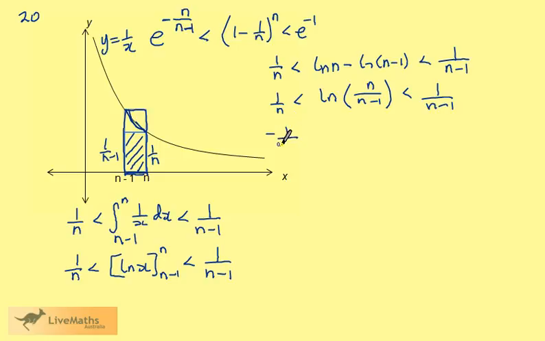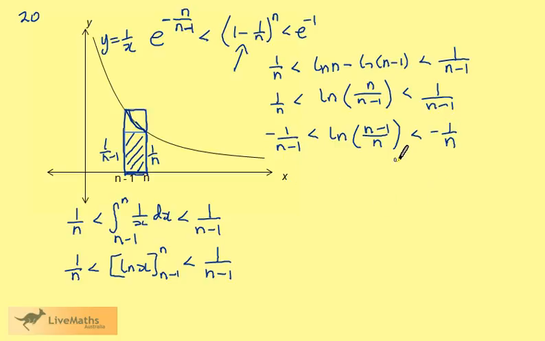So that's negative 1 over n minus 1 would be less than, if we take the negative of this, it becomes ln of n minus 1 over n. And that's the reason for doing it, because this will give me what's in the bracket here. That's going to be less than negative 1 over n.